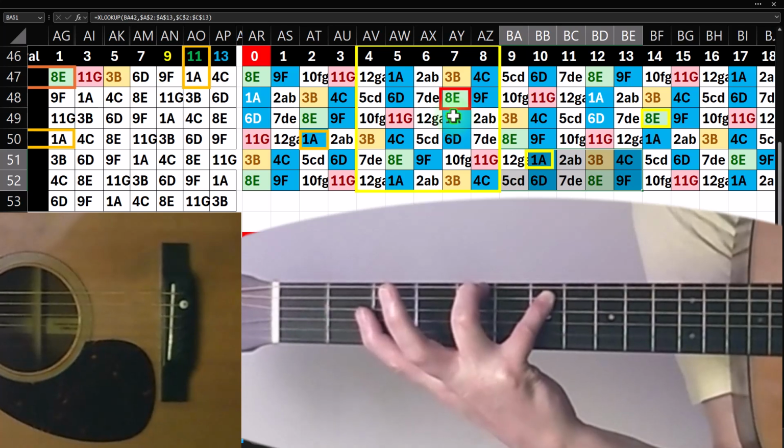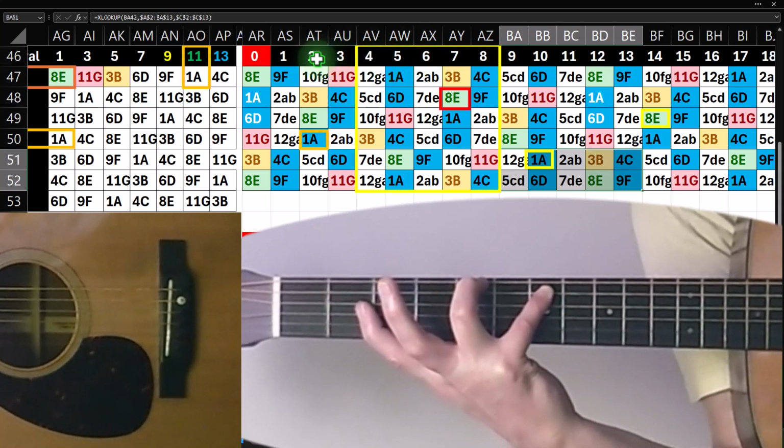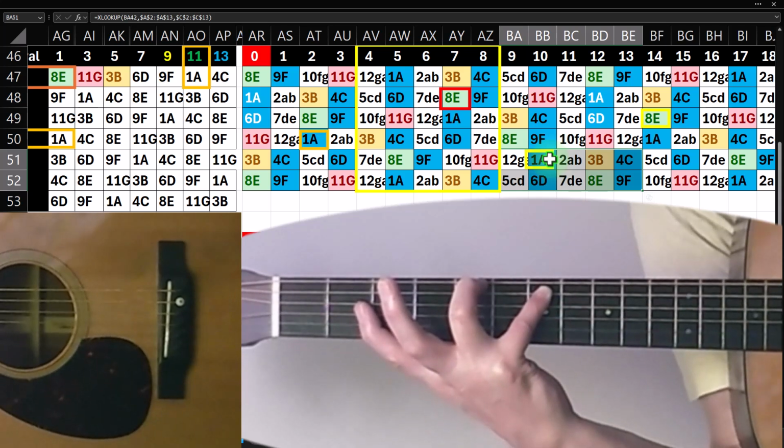So if I go down 2 strings and I don't cross the fault line, it's 1, 2, 3, 4, 5 frets back. If I go down 2 strings and cross the fault line, it's only 4 frets back.